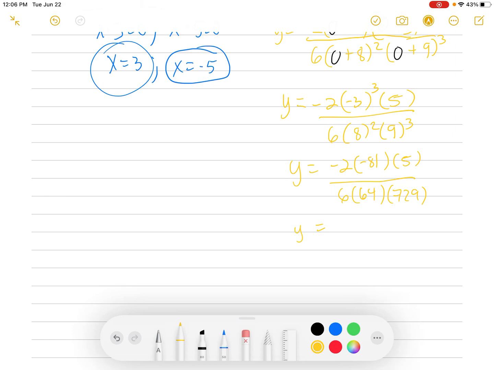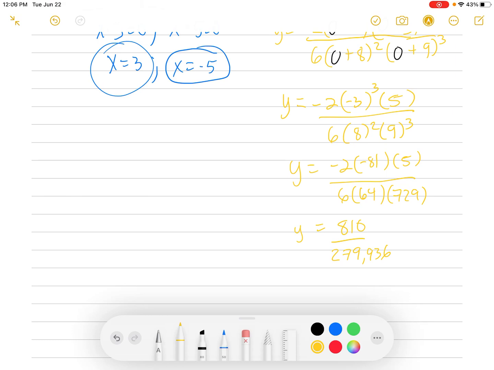So on top, when I multiply, I'm going to get negative 2 times negative 27 times 5. So I get 270 on top. On bottom, I get 6 times 64 times 729. I get a nasty 279,936.